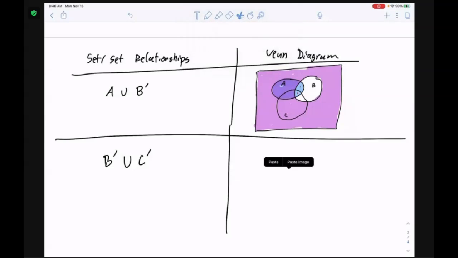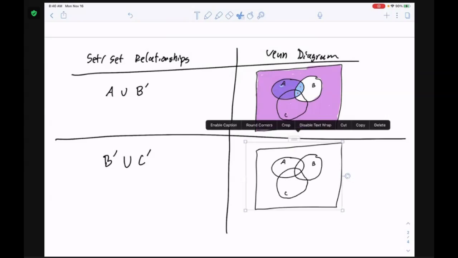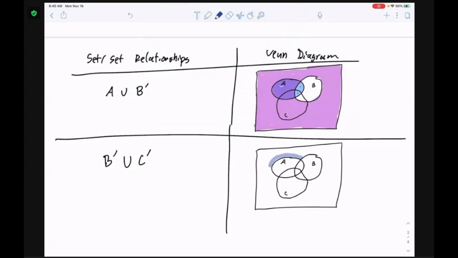That's the tricky part. But yes, it's everything outside both circles. So we just take this 2 steps at a time. Outside circle A. So that's going to include, since it's a union, I'm just going to have all that colored in, right? That's everything outside of A.